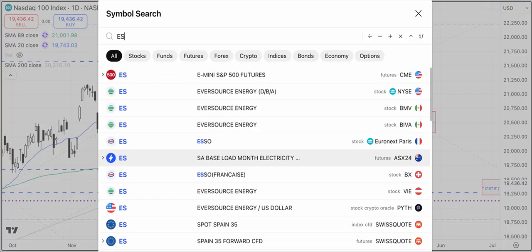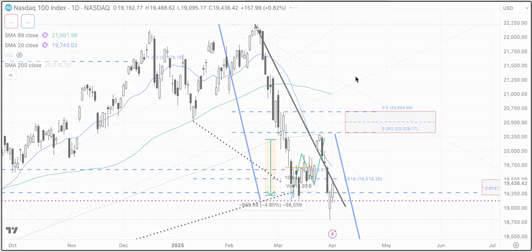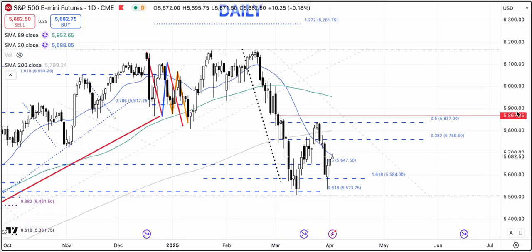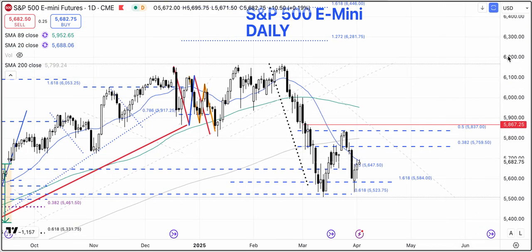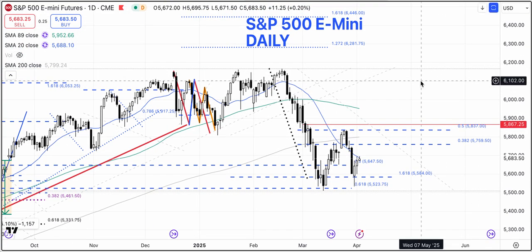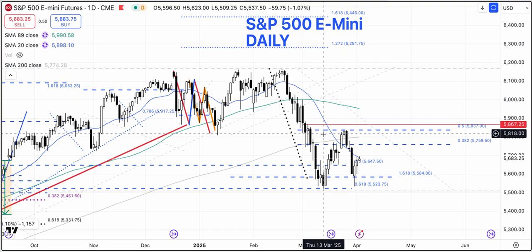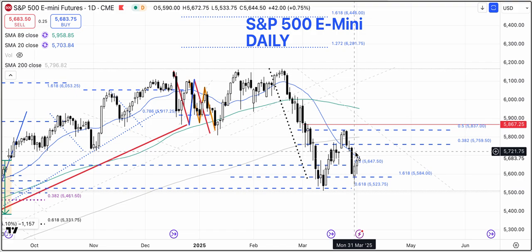actually, before I show you that, let's take a look at the S&P 500 futures, because the futures did something really interesting. Although the S&P 500 cash took out the lows of 13th of March on an intraday basis, futures didn't even do that.